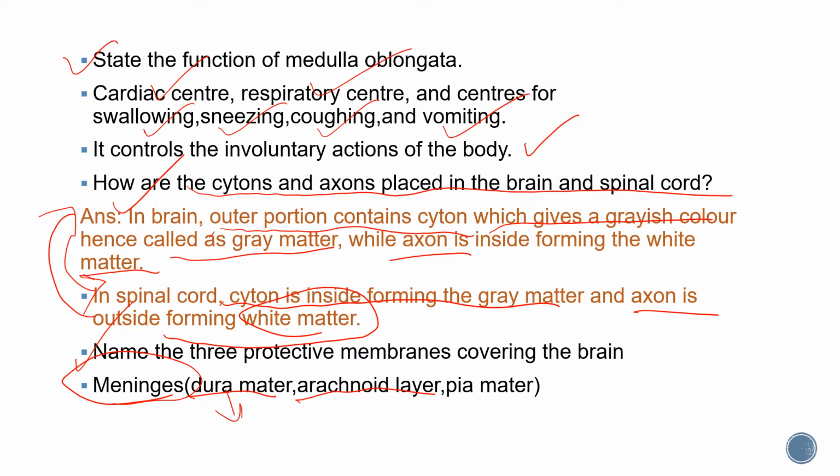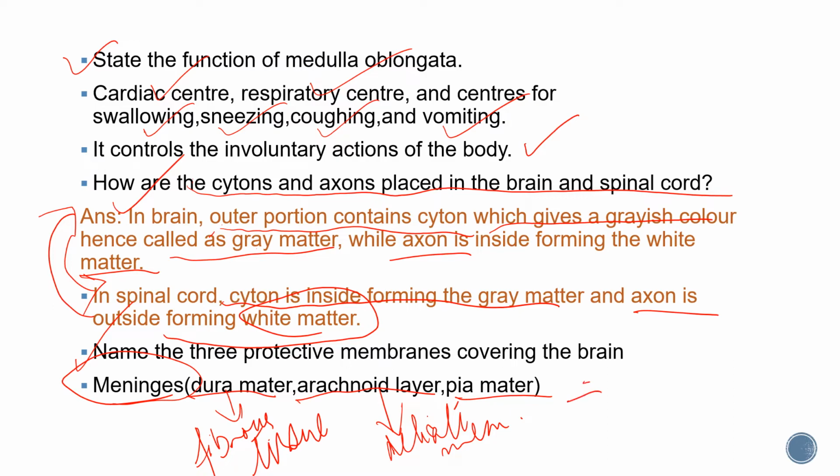The first part is formed of fibrous tissue. The second part is a delicate membrane. And the third part is the pia mater, the inner thin part, which is transparent and highly vascular.